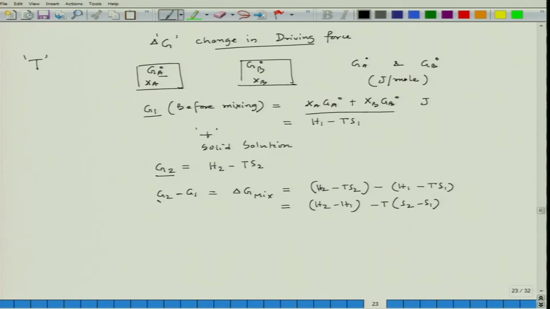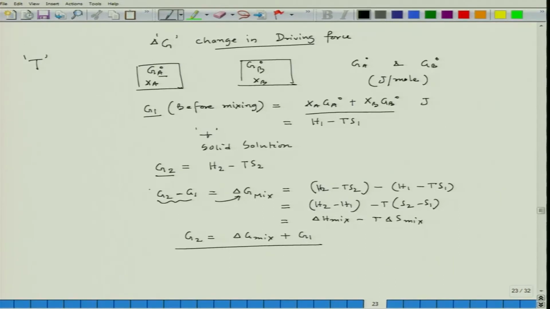And if this is written as del G mix, I can also write it in this form: del H mix minus T del S mix. Therefore, I can also write G2 as del G mix plus G1.